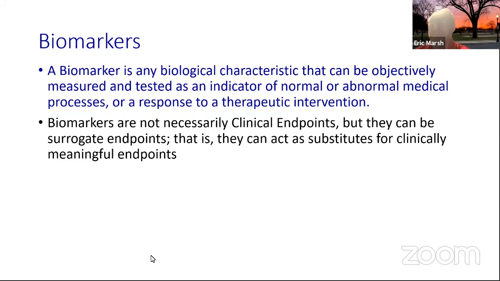So, for example, if you were doing a trial with an anti-epileptic drug, a decrease in the number of seizures would be the clinical endpoint. But if you had a marker in the blood that would tell you that you were going to have a decrease in the number of seizures, you could use that blood-based biomarker instead of counting seizures.